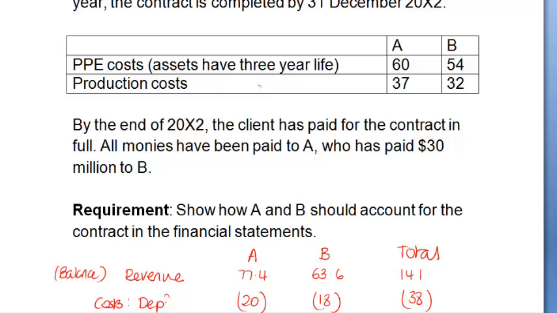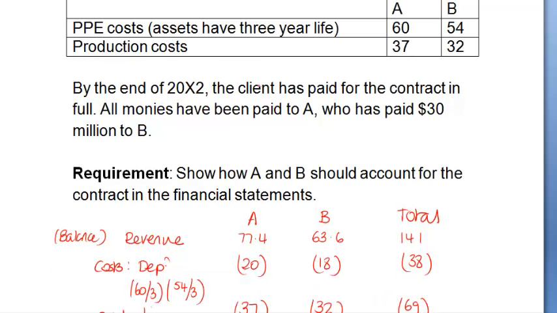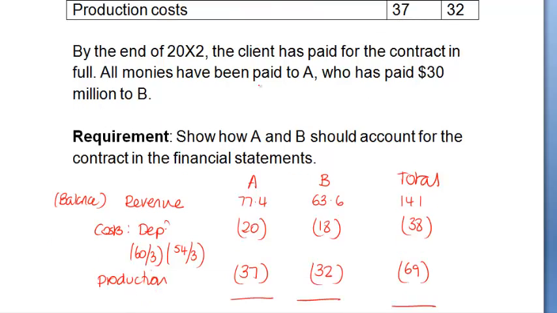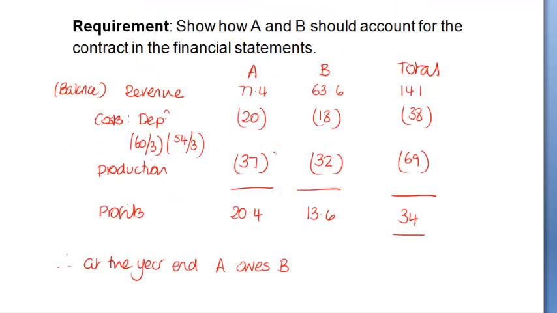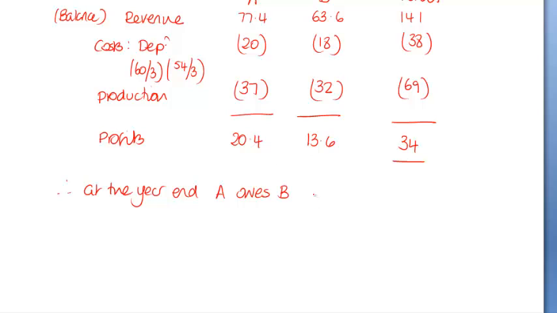At the end of 20x2, the client has paid for the contract in full. A has received the 141 million and it has paid 30 million to B. So therefore, at the year end, A owes B, well, B is entitled to revenue of 63.6.